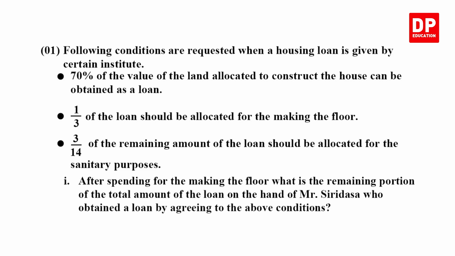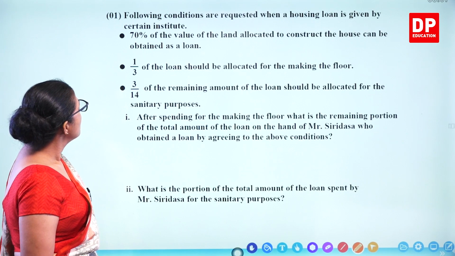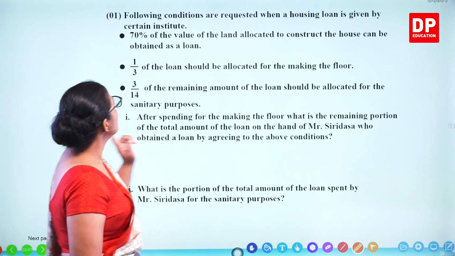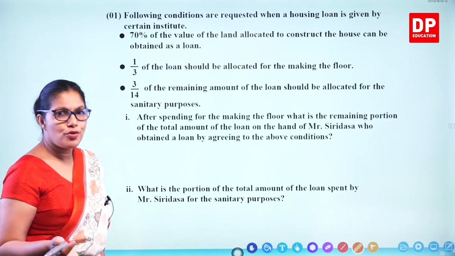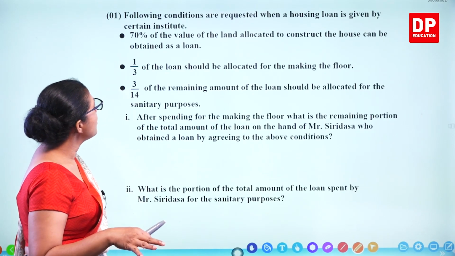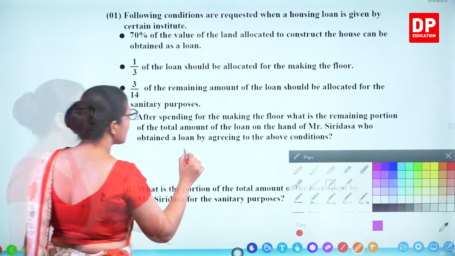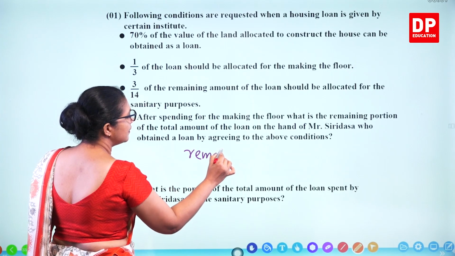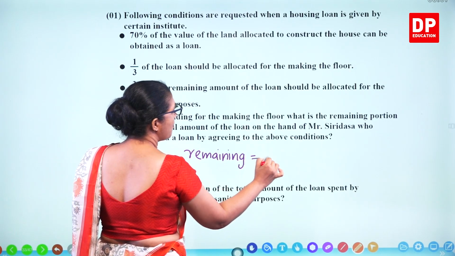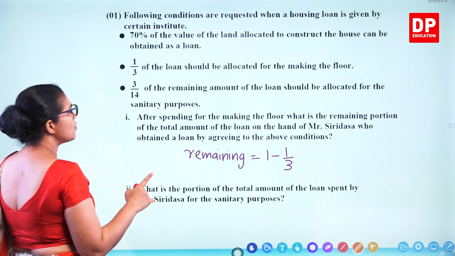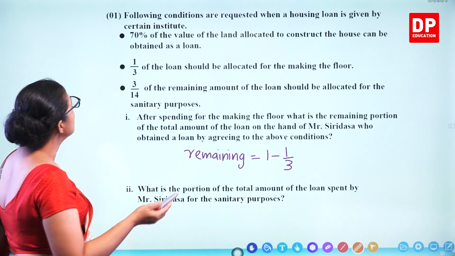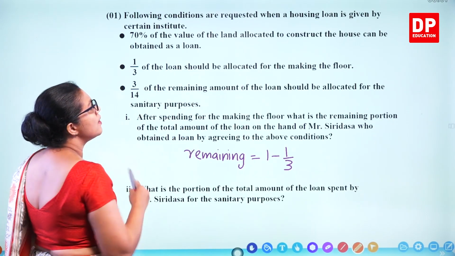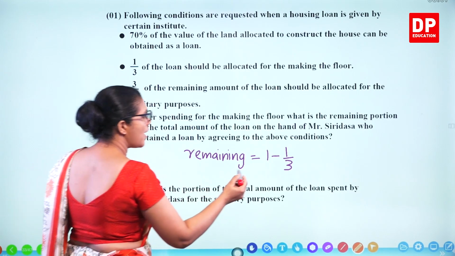So 70% of the value. So after spending for making the floor. So floor is 1/3. So the amount you can get for the floor is 1/3 of the loan. So what's the remaining? So the remaining part is 1 minus 1/3. So they are asking just after spending 1/3 of the total amount, that's for the floor, what's the remaining part? 1 minus 1/3.